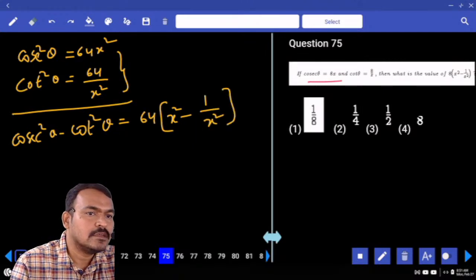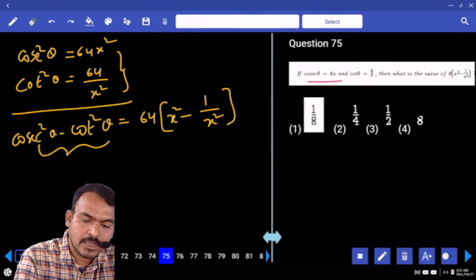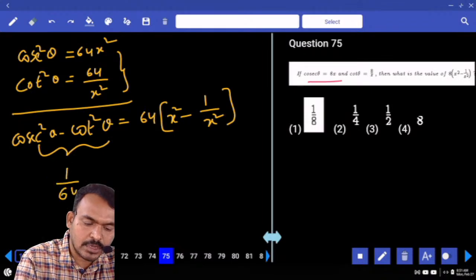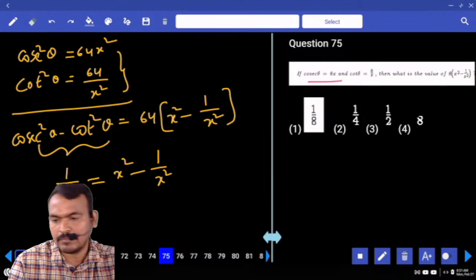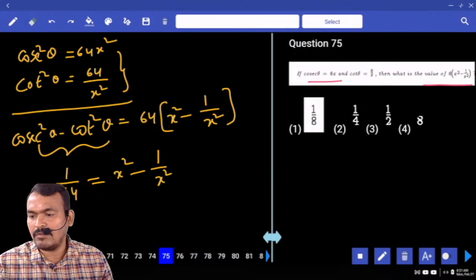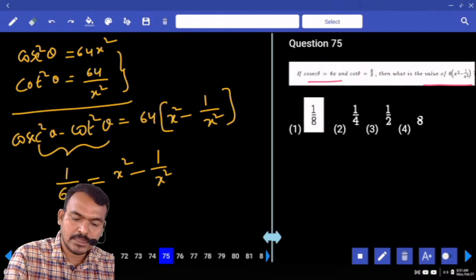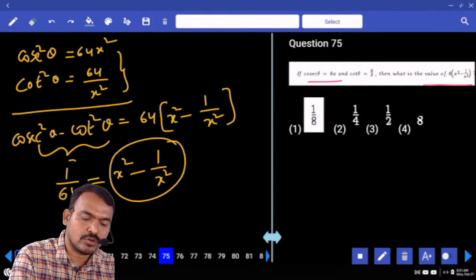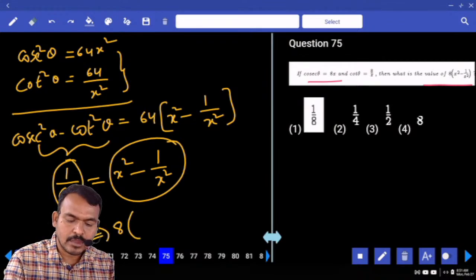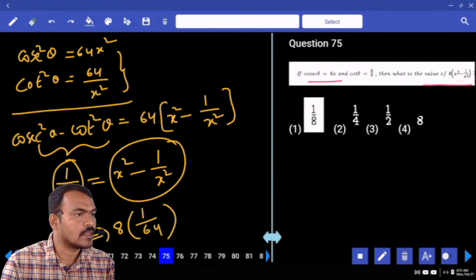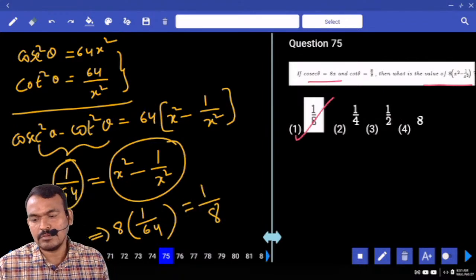Cosecant square theta minus cot square theta is 1. So 1 by 64 equals x square minus 1 by x square. But your question is, what is the value of 8 into x square minus 1 by x square? In place of this we substitute 1 by 64. Then the answer is 8 into 1 by 64, which is 1 by 8. Which option? First one.